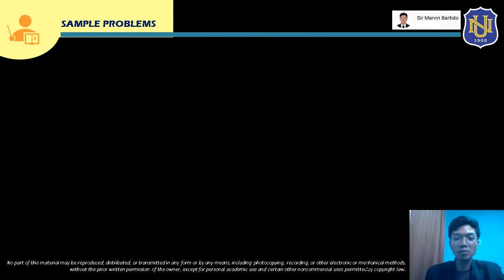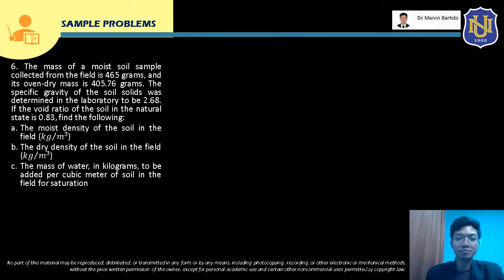Let's now solve sample problem number 6. The mass of a moist soil sample collected from the field is 465 grams, and its oven dry mass is 405.76 grams. The specific gravity of the soil solids was determined in the laboratory to be 2.68.